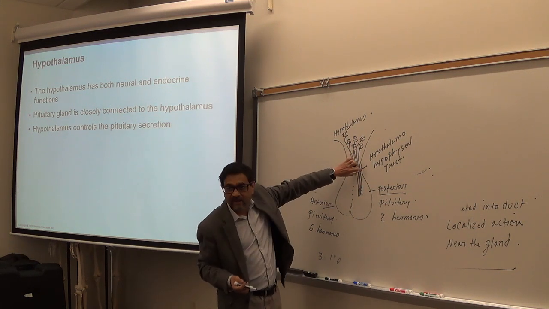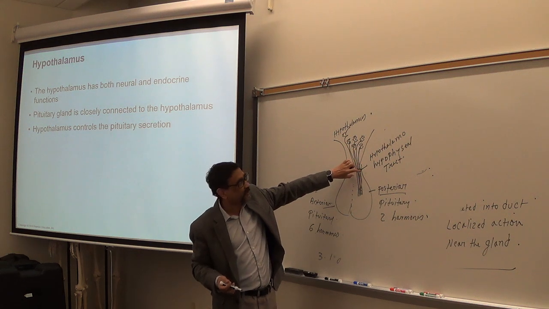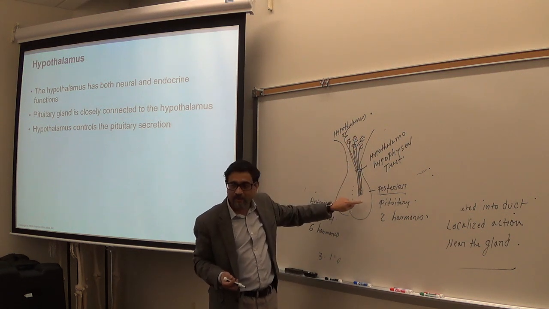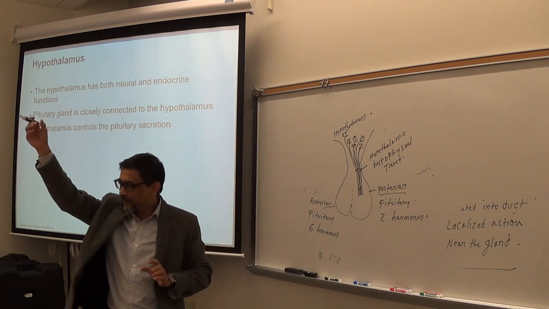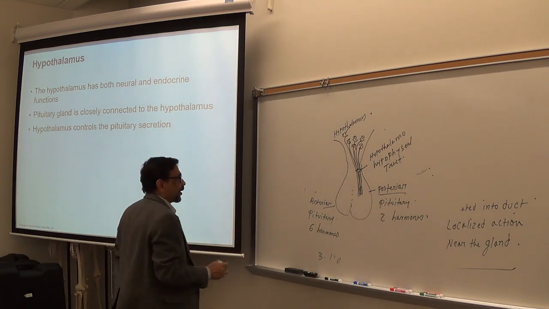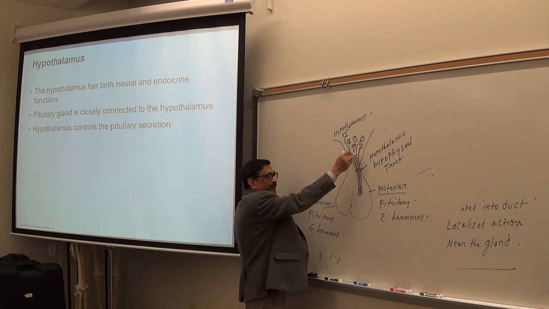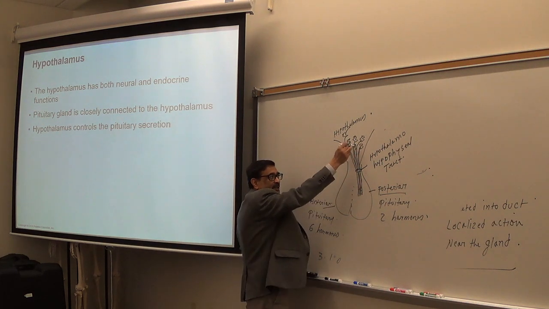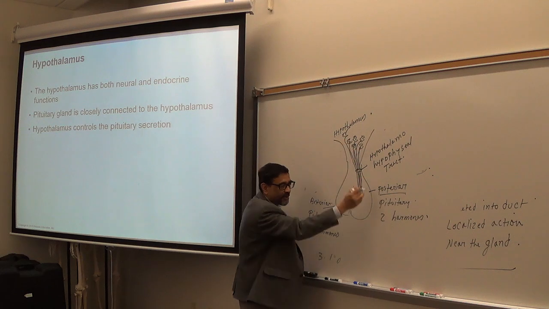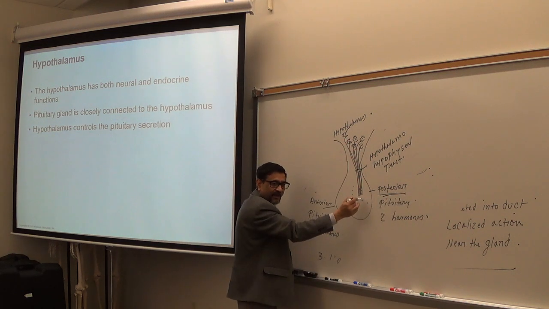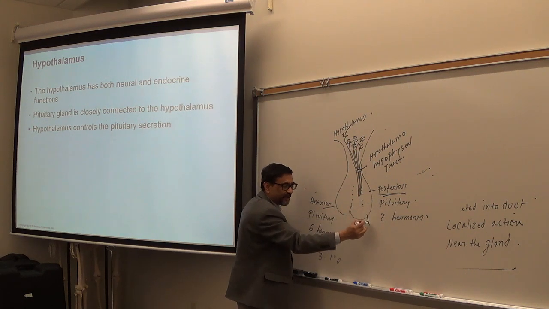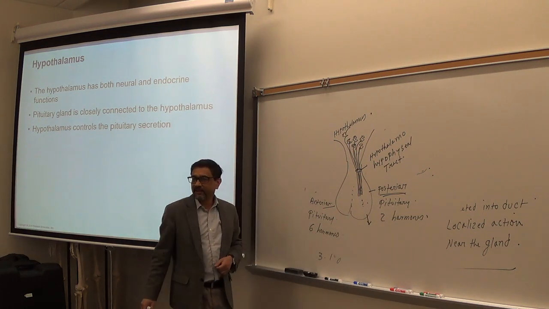So this tract or bundle of axons is called hypothalamo-hypophyseal tract. Make sense? This tract carries the signal from the hypothalamus to posterior pituitary. Brings the signal here and tells the posterior pituitary to secrete the hormones.